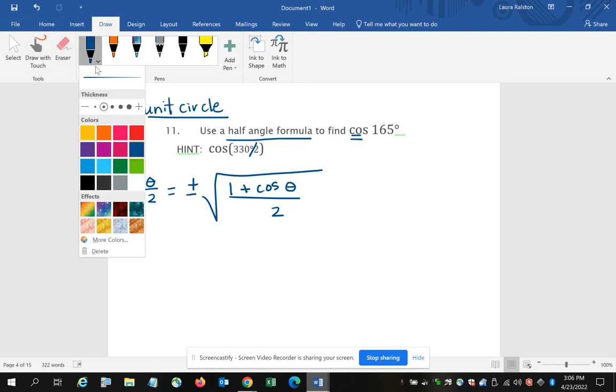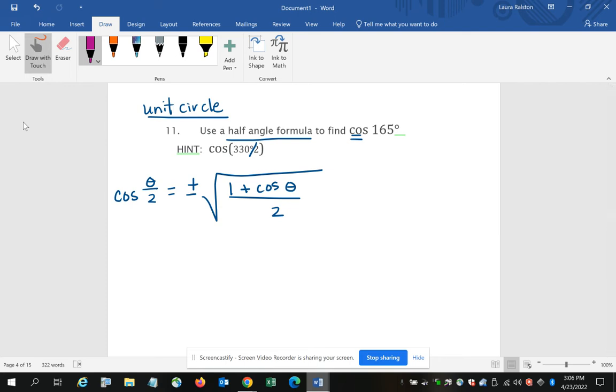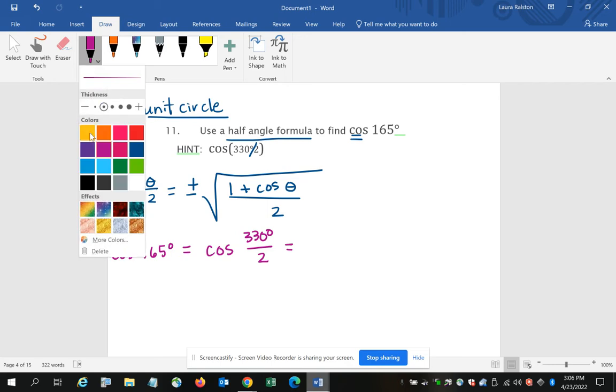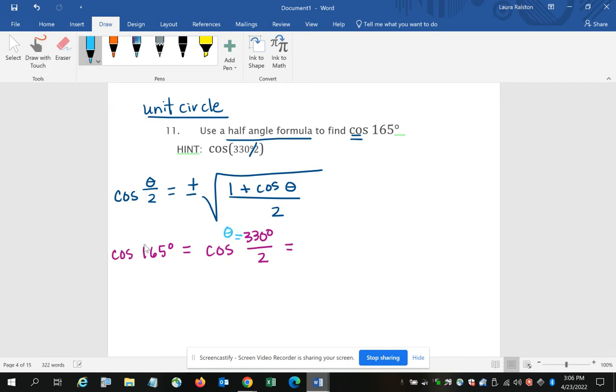Now, in this problem, again, you got to put it in context. We're looking for 165, so the cosine of 165 degrees equals the cosine of 330 degrees over 2. Your theta, the angle that you are interested in, is 330. That's the one you're going to read off of the unit circle. So be careful, make sure you're reading the right angle.